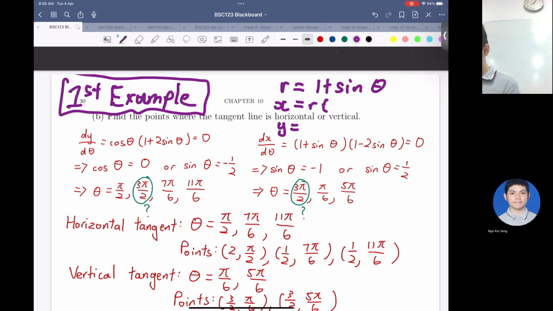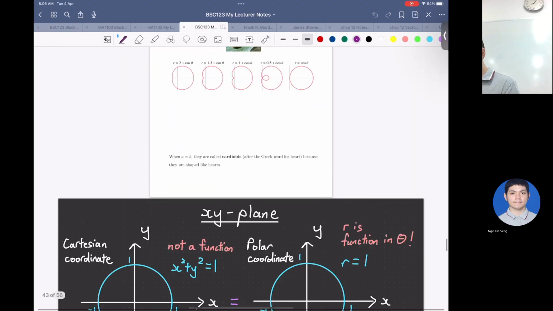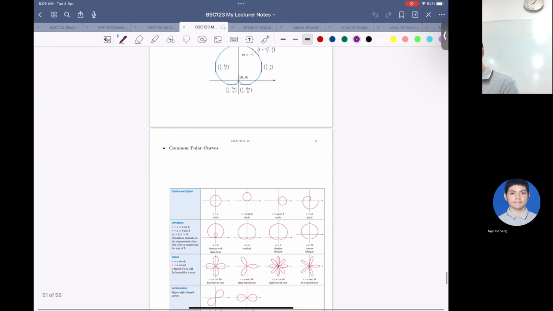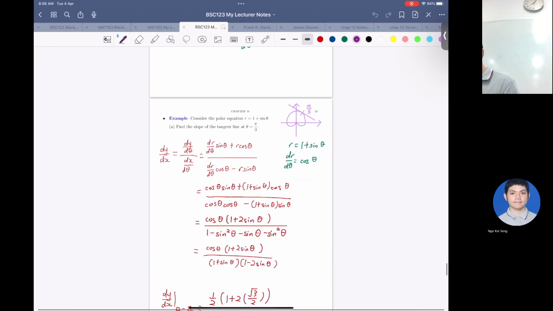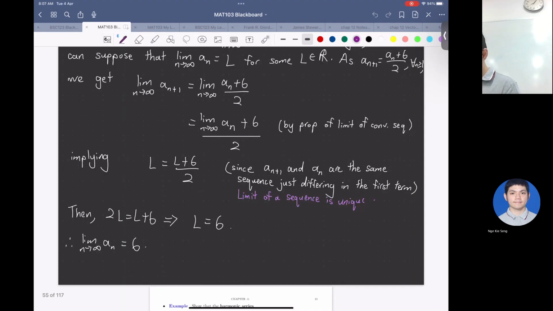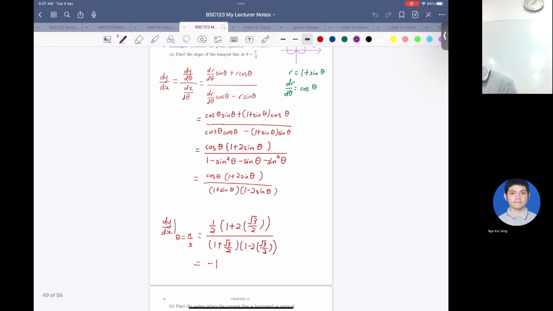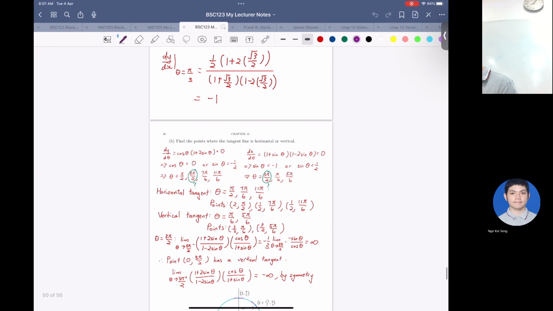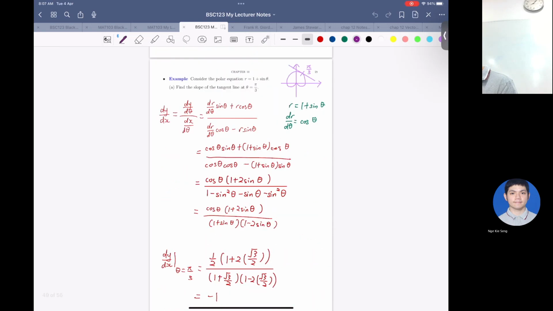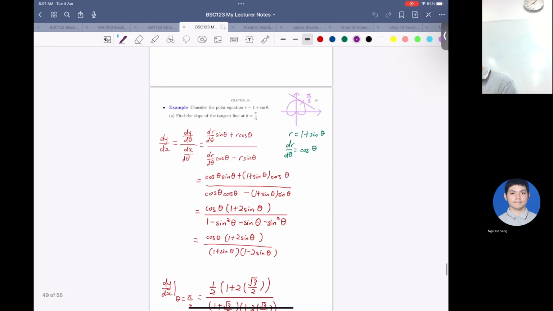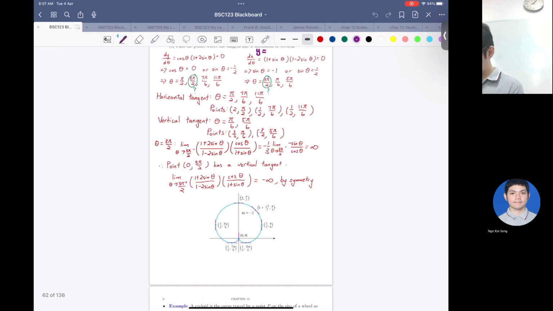Let me quickly check my notes. Okay, just start with this polar curve.